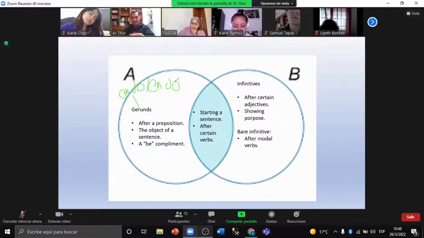As I told you, like an object in a sentence. In this case, it's not necessary to write I am working, I am having. You only use, in this case, the verb with ing. It's a real situation.